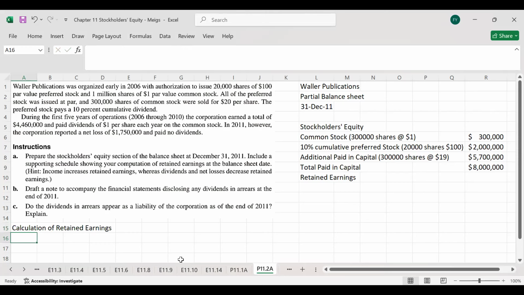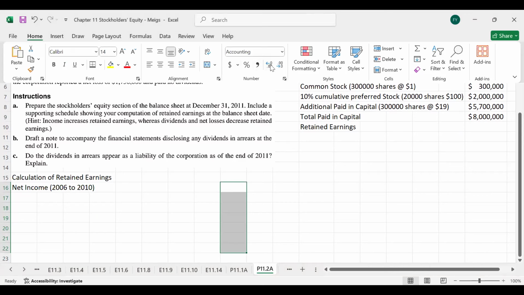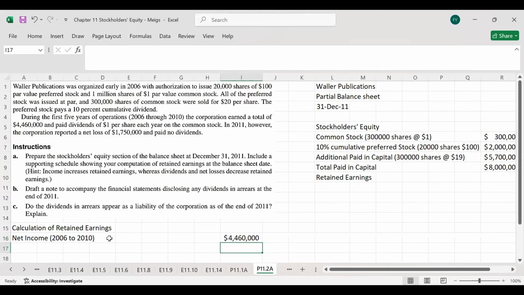First, the net income for the first 5 years, that is from 2006 to 2010, the total is reported here, 4.460 million. It is here.